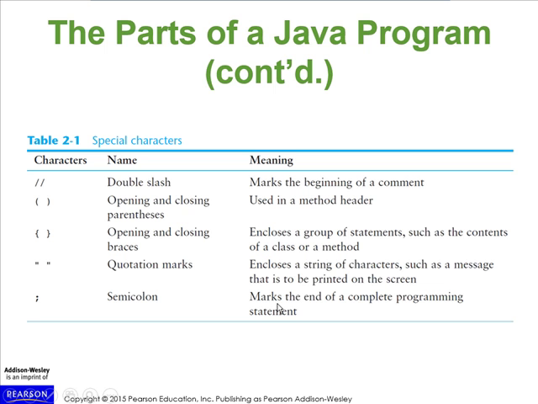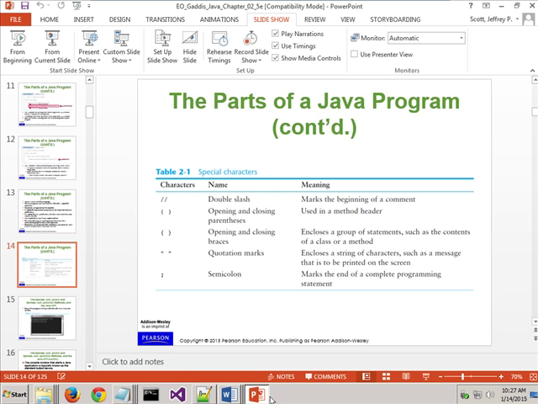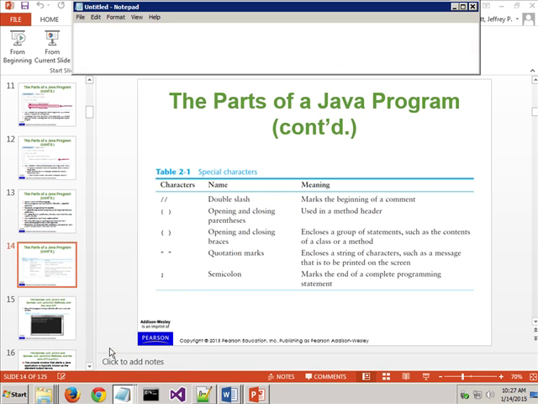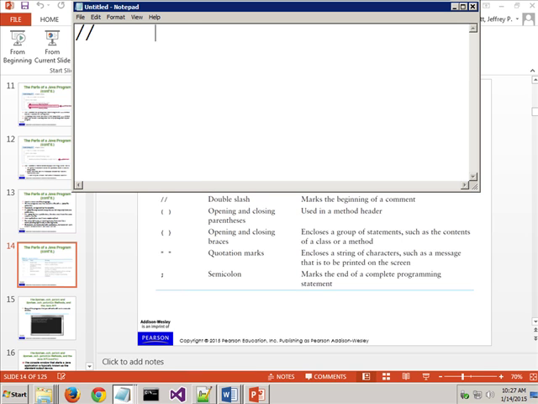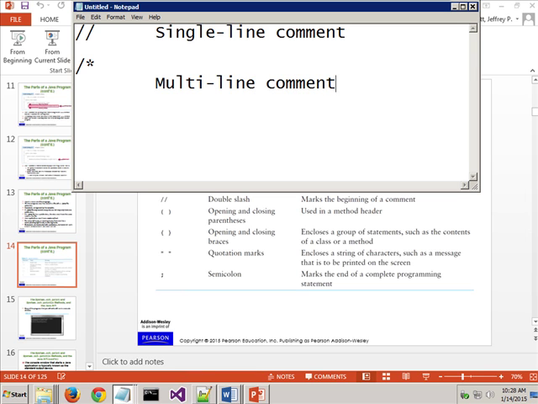Special characters, as they say right there. There are 3 kinds of comments that you can write in Java. We may have looked at this last time. I really don't remember. But again, for those of you who weren't here, that's a single line comment. So if you put in 2 slashes, everything to the right of it is a comment. This is a multi-line comment.